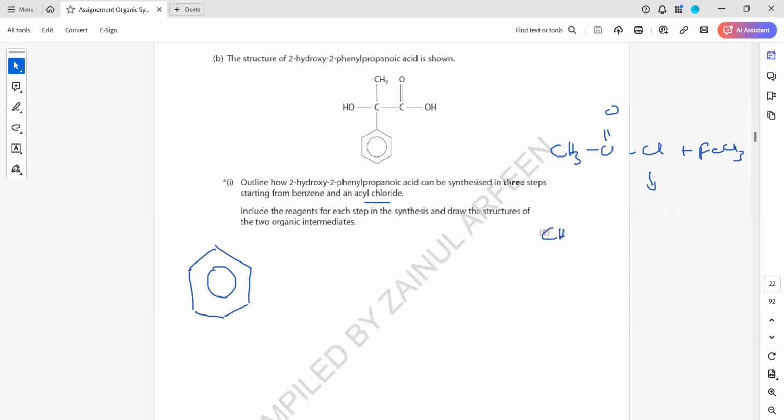As a result, it will produce CH3C double bonded with O plus, and FeCl4 with a charge minus. This will attack, but we don't have to show the mechanism. We can also use aluminum trichloride or iron. For the reagent, we use ethanoyl chloride because we have to mention the reagent. So we need ethanoyl chloride and aluminum trichloride or iron 3 chloride.